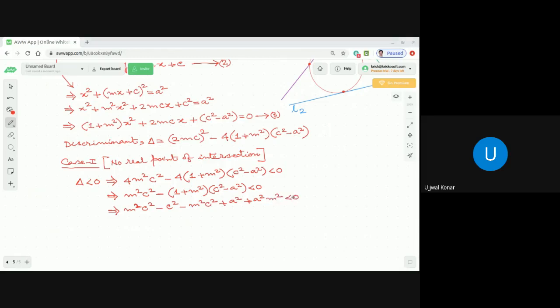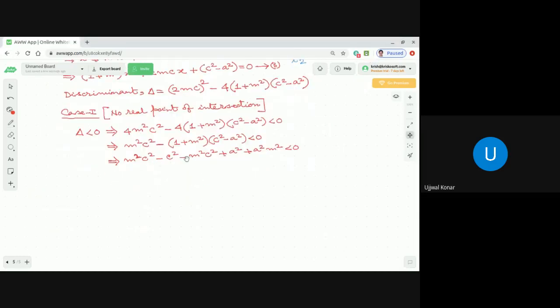Correct, dear students? So from here what we are going to get? You see that m square c square minus m square c square got cancelled. We can cancel these two. So from here we are going to get a square into (1 plus m square) is less than c square.